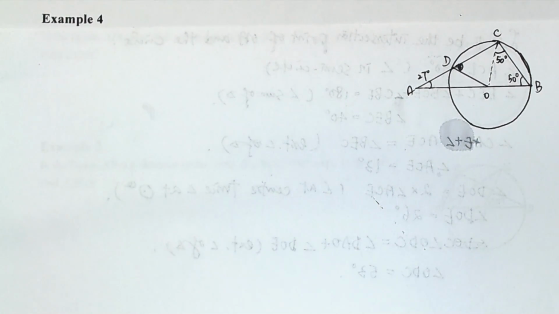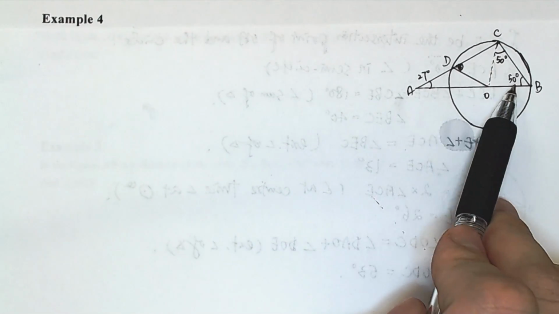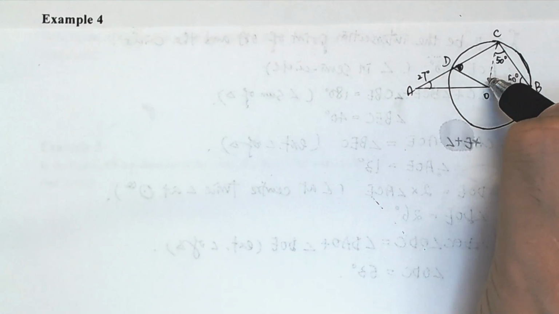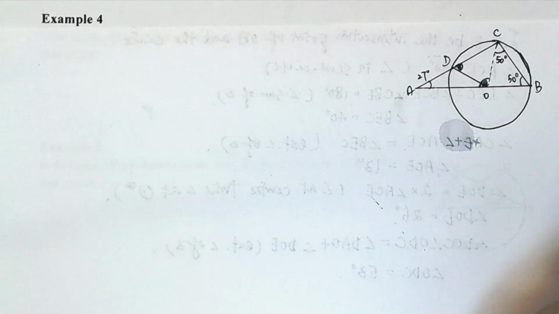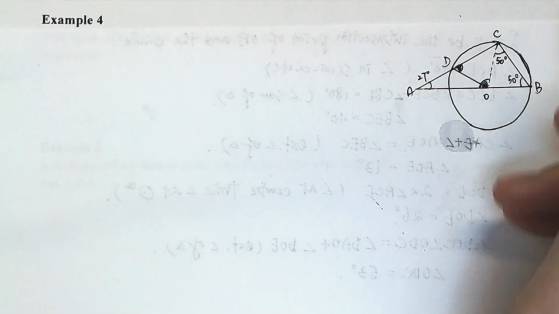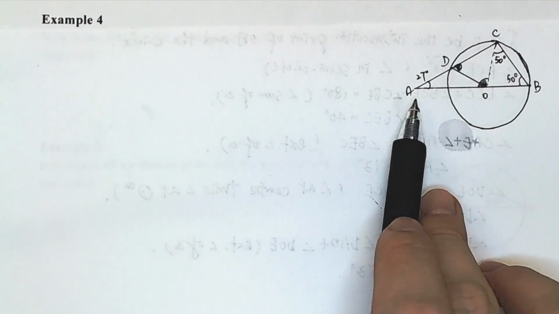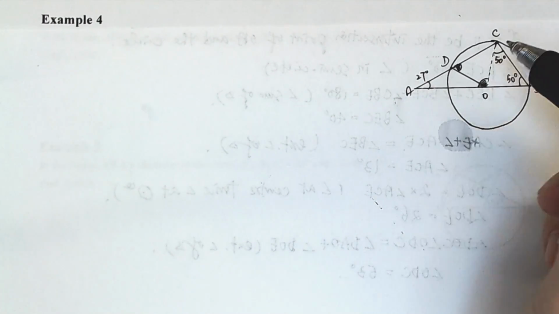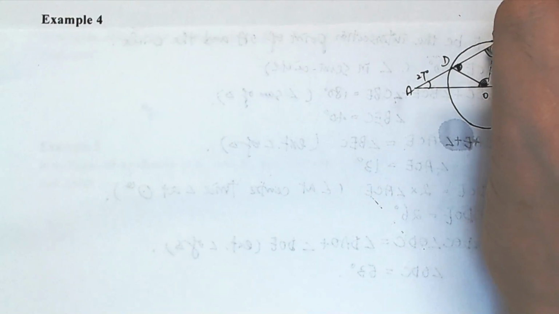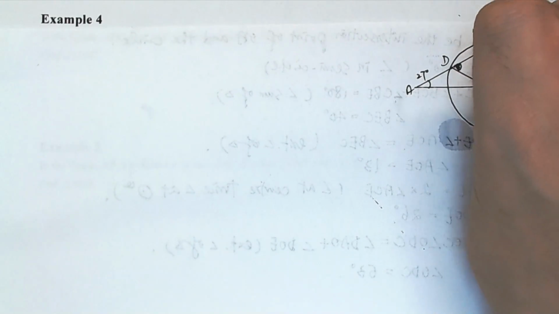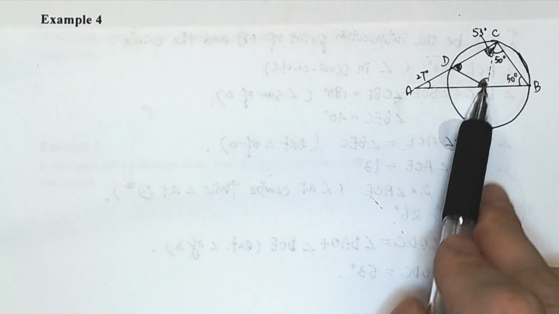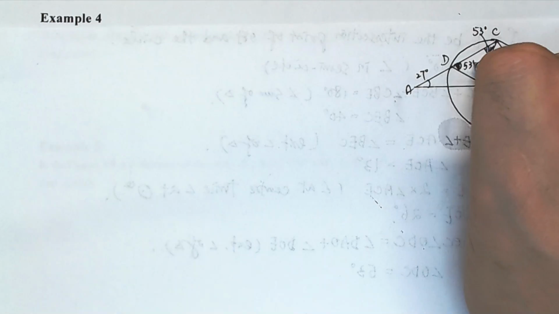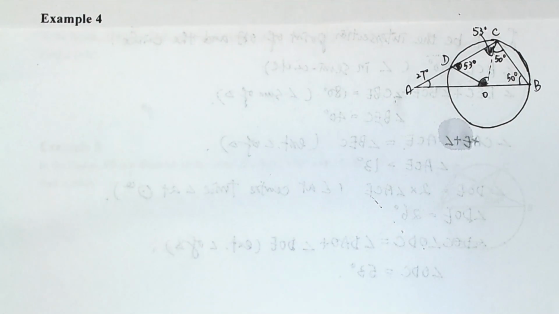I'm not going to write the detail of the working steps, I just give you very brief ideas. So these two are 50 degrees, and then you can use the exterior angle of triangle. You consider the large triangle ABOC. You should know that 27, 50, 50, that is 127, then you will get this to be 53. And since OD and OC are equal, you can get this 53 degrees as the answer.